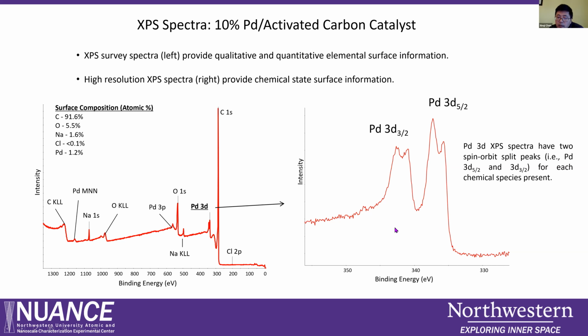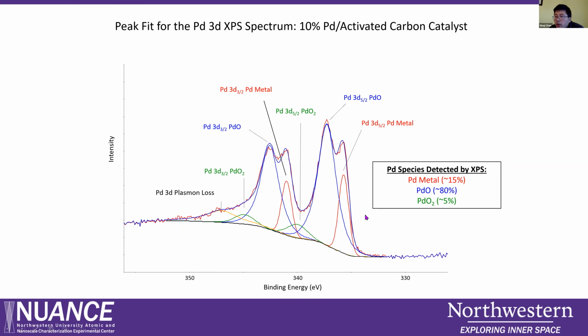If we do the peak fitting, we can find that we can fit three peaks. Here, one is metal, this one is 2+, and here is 4+ platinum. Because this is a split, each state needs a pair.